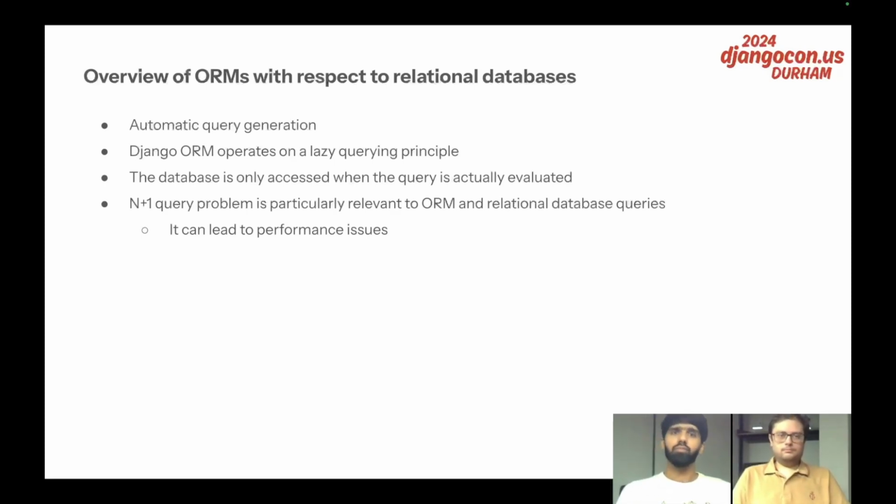While this can be efficient, it also introduces the N+1 query problem, particularly when we are dealing with large data sets, where it can be problematic. And this problem can significantly impact the performance of our software applications.